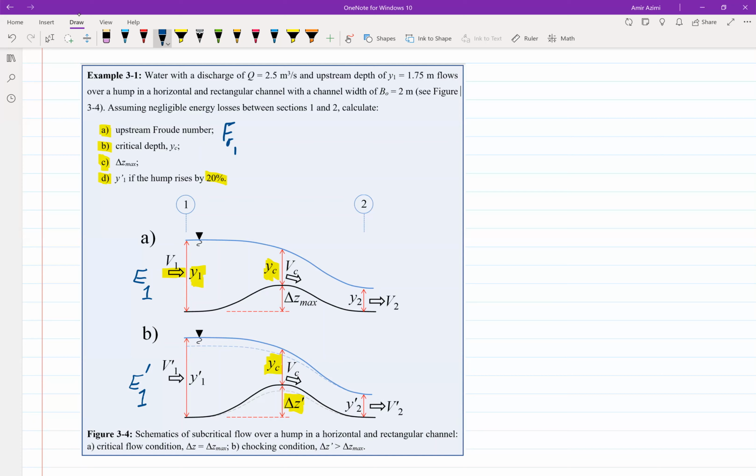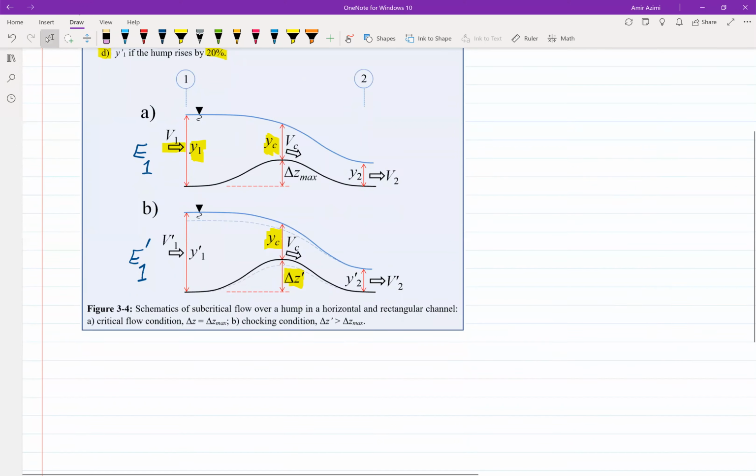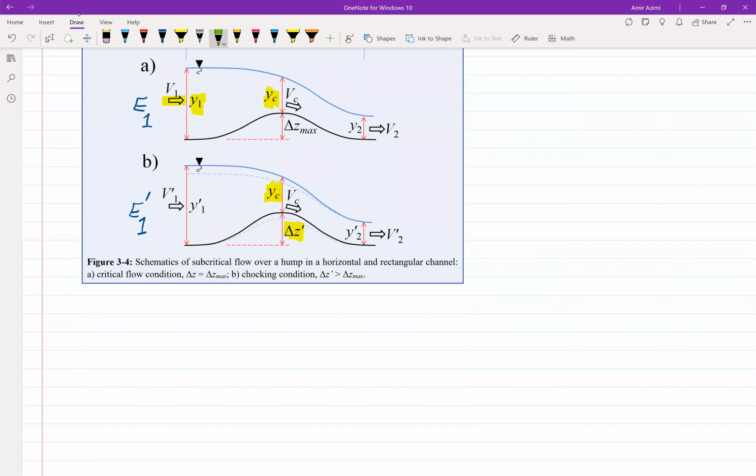Okay, so in the first step, we are going to calculate the Froude number in section 1 for rectangular cross sections. So the Froude number in section 1 is equal to V1 divided by square root of G Y1.